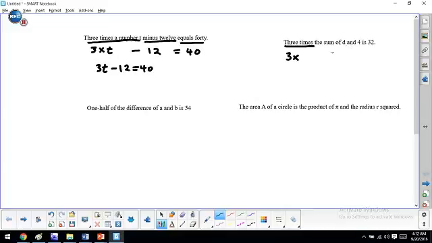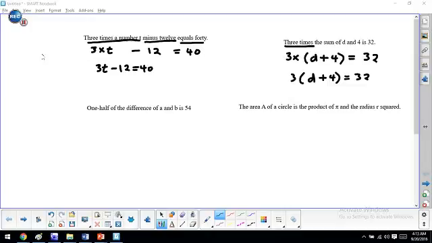Because we're multiplying 3 times both of these numbers, let's put d and 4 in parentheses, because sum means addition. Is 32, so equals 32. So we have 3 times the quantity d plus 4 is equal to 32. If you got that, awesome.